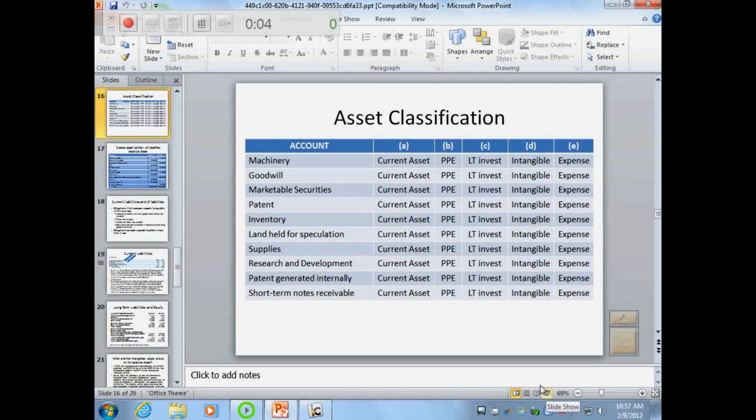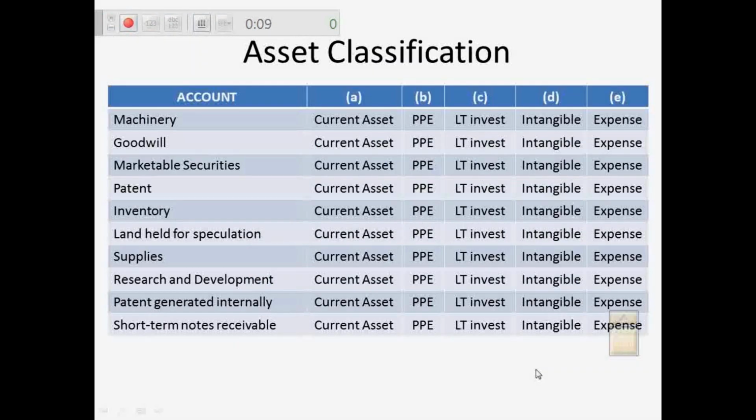Tell me, people, what do we think about machinery? Is it a current asset? Is it property, plant, and equipment? Is it a long-term investment? Is it an intangible asset? Or when we buy equipment, should we just record an expense and cash?